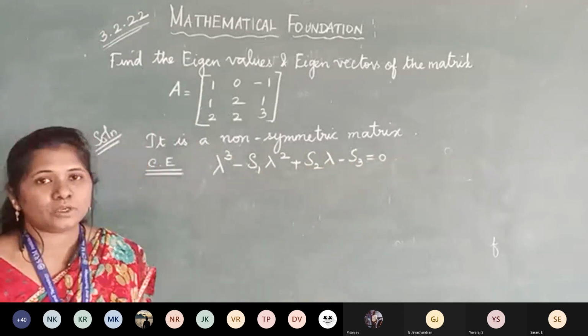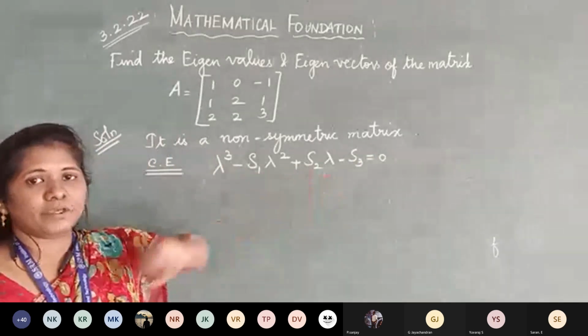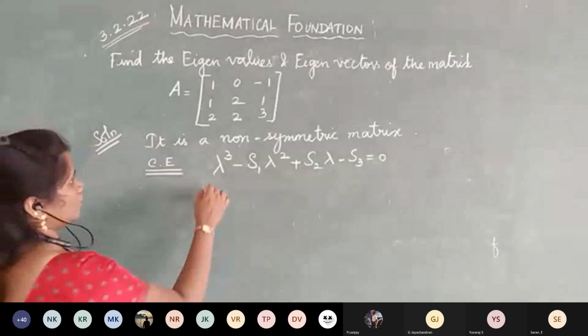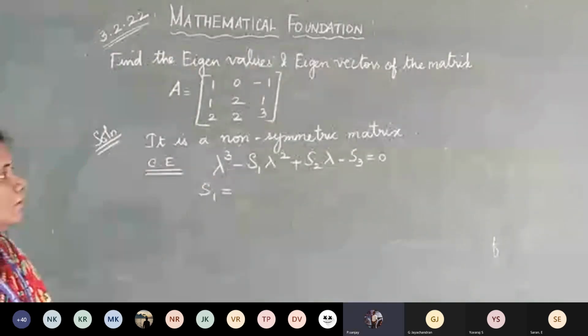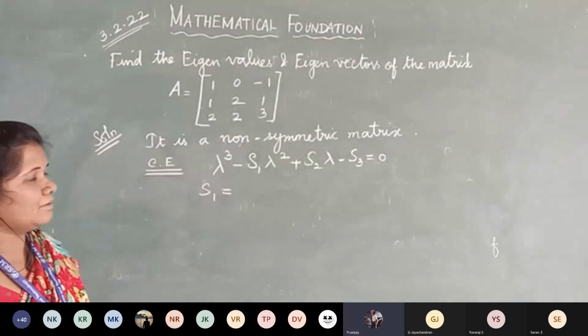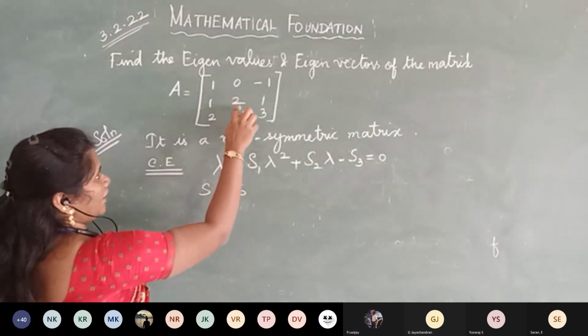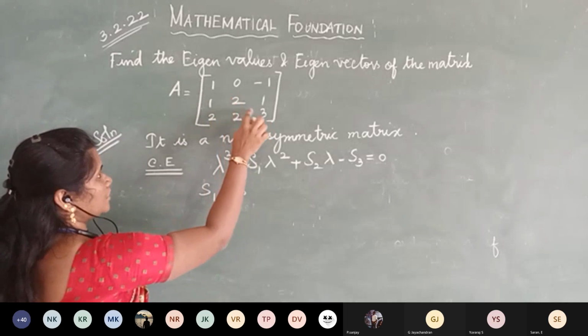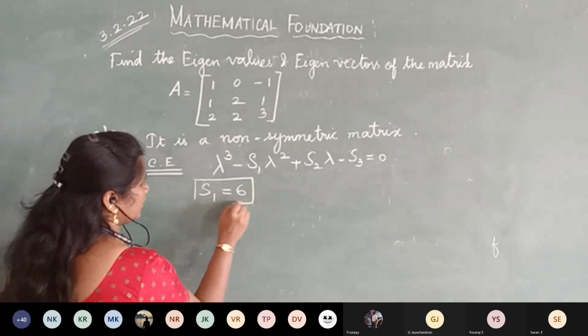Find S1, S2 and S3. What is S1? S1 is 6. You add the diagonal elements: 1 plus 2 plus 3 is 6. Very good.